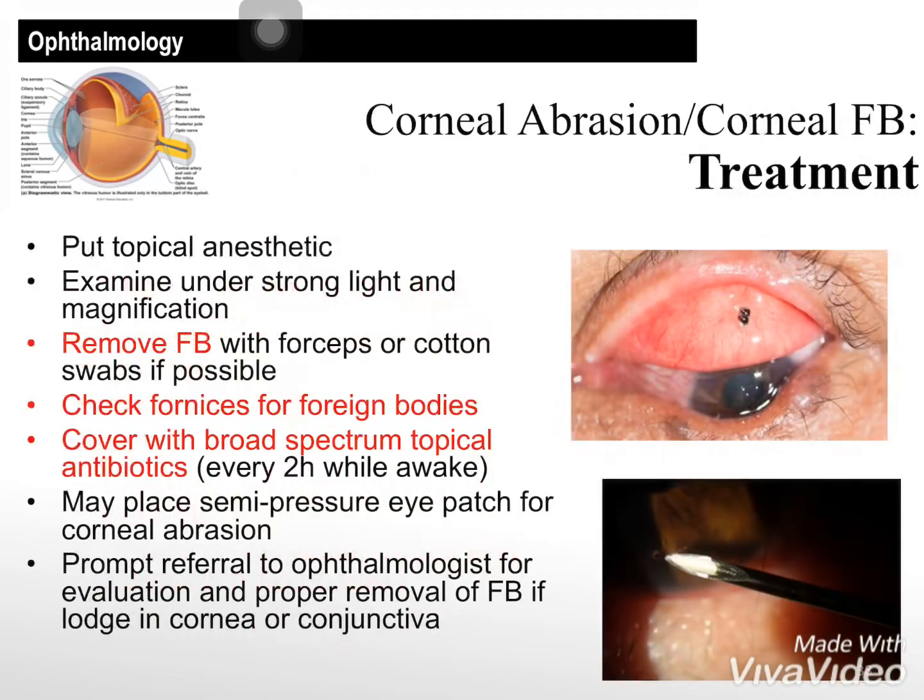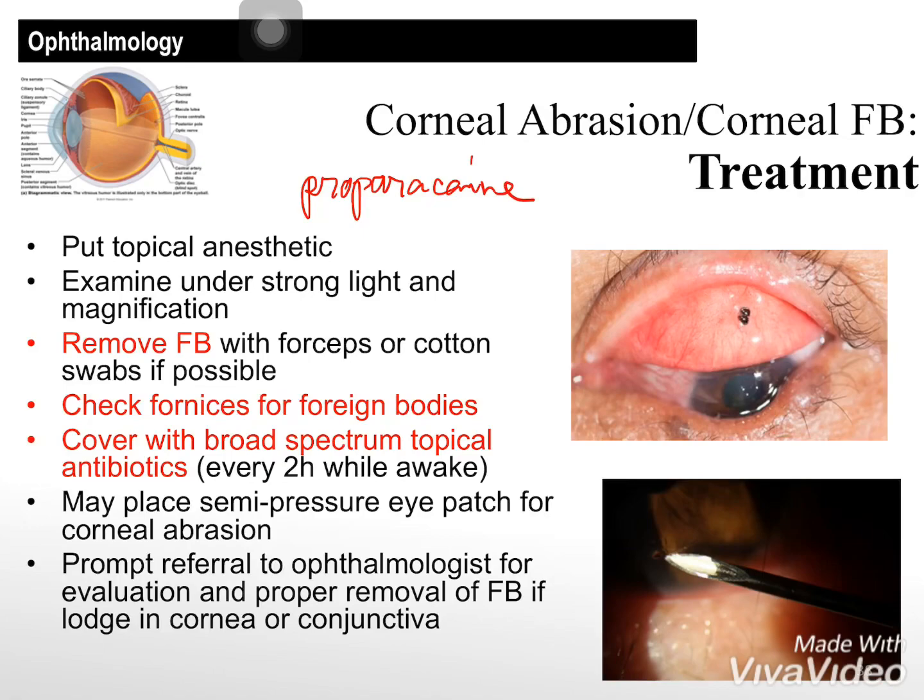If the patient comes to you with trauma and he is all teared up, could barely open his eyes, what you do is check for the visual acuity first. If it's okay, then you can put a drop of anesthetic. You can either put proparacaine or lidocaine, your regular, so that the patient will be comfortable while you examine him.